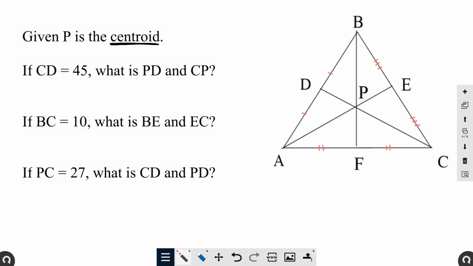There's something else about the centroid, and there was a little magic number in there. What did it say? 2/3. So the distance from the vertex to the centroid is 2/3. Now, I don't know about you, but how many of you like to really deal with fractions?